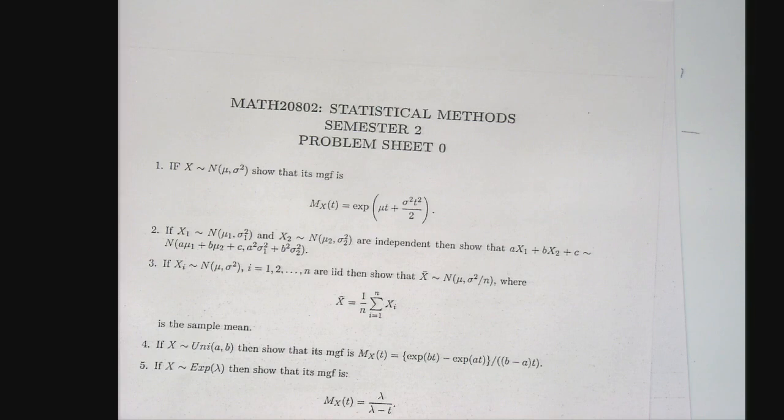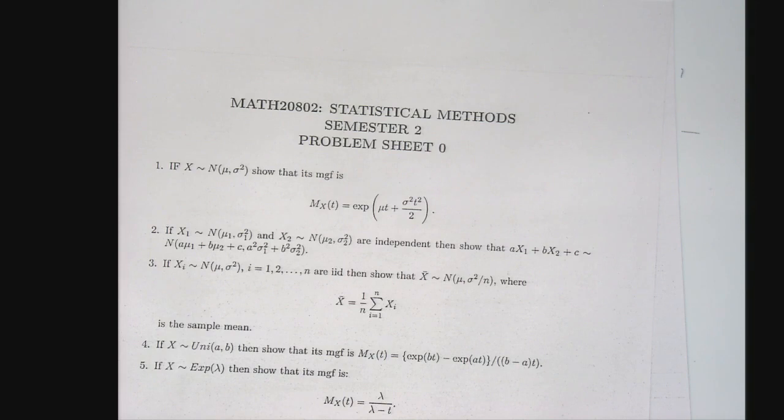It must be equal to 1 because what you are integrating is the PDF of a normal distribution with parameters mu plus sigma squared t and sigma squared. I'm sure you learned this in probability 1, that any PDF must integrate to 1. That's not just the normal, but any PDF must integrate to 1. And therefore, the thing inside the box must be equal to 1.